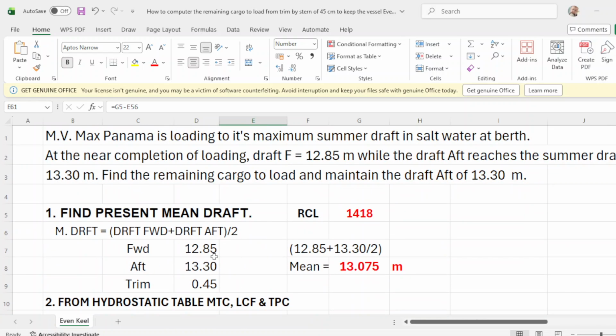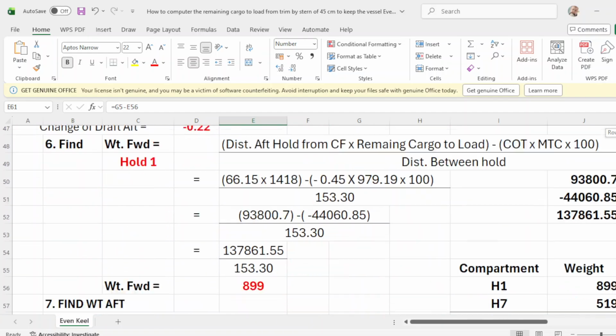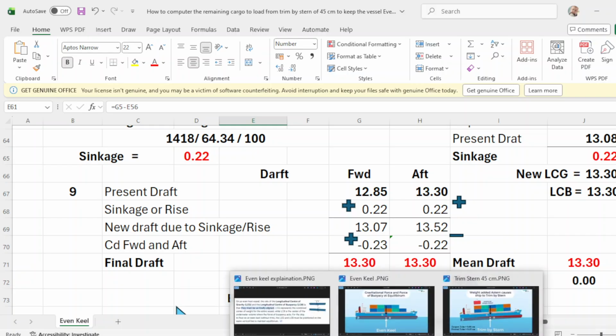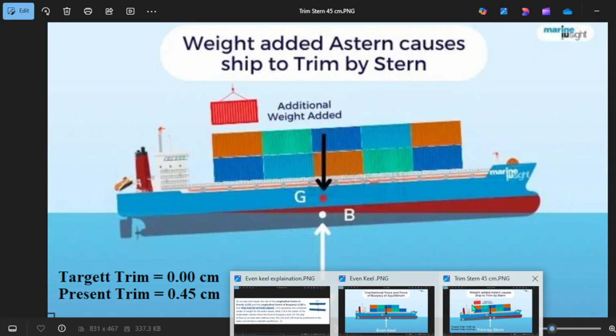Just apply your forward and up drop. So your forward and up drop is this one. Then you apply your sinkage, which is 22 centimeters, which is this one, and this one. Then I will explain to you why we apply.